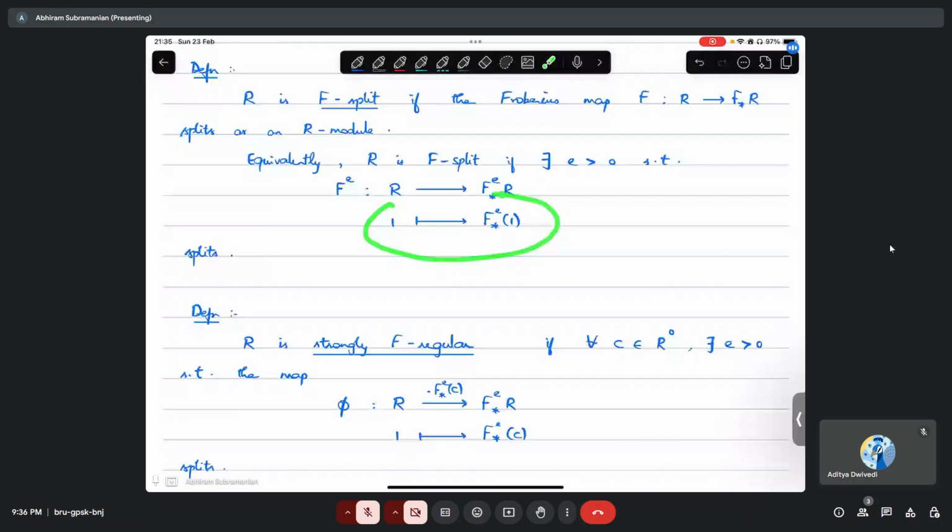And F split if and only if F pure. Aditya, you talked about this, right? I think yes, but not in much detail.